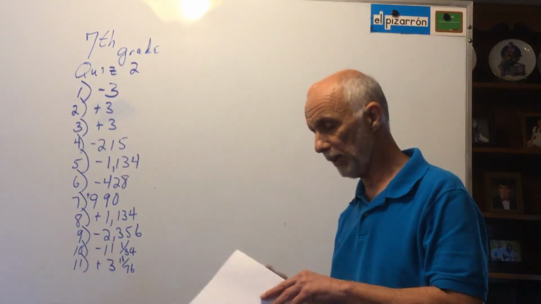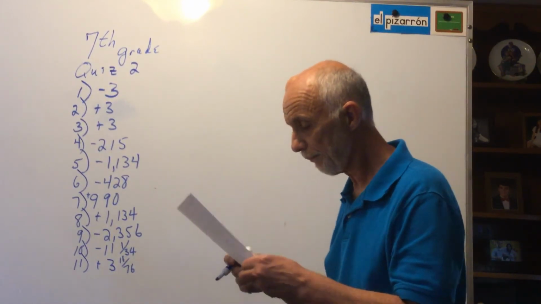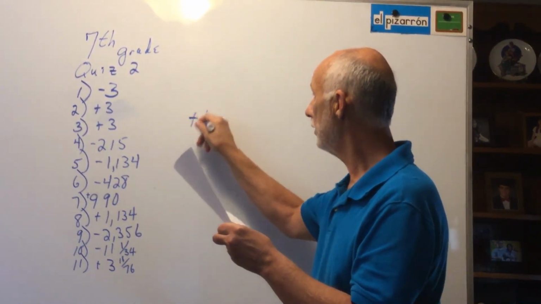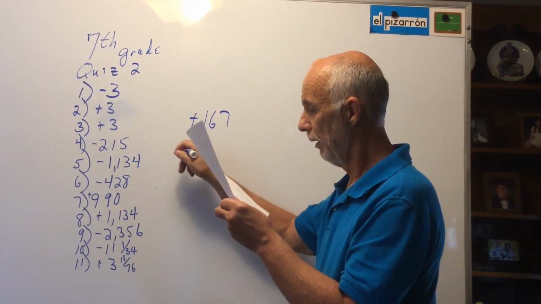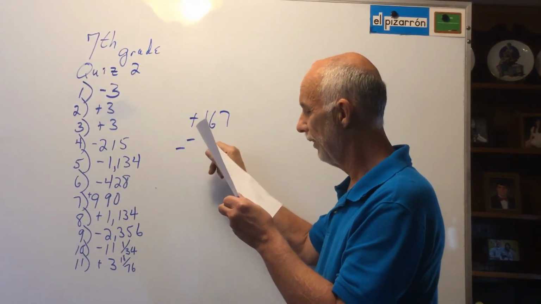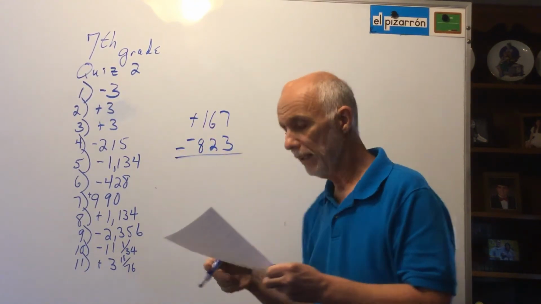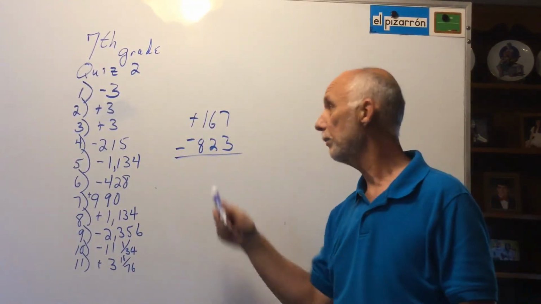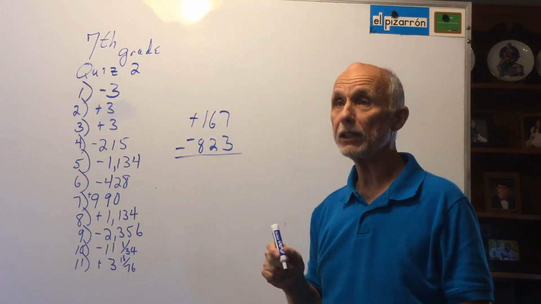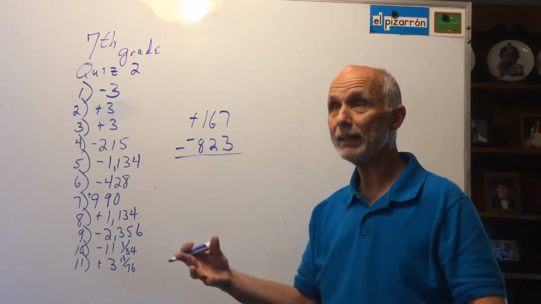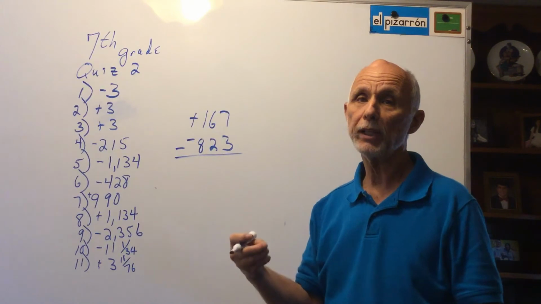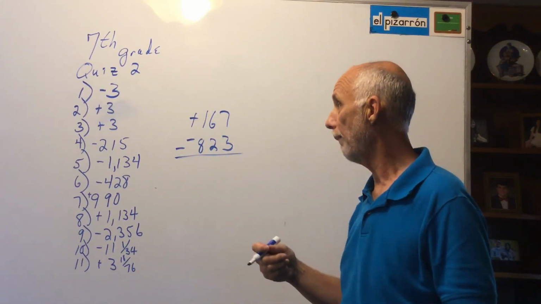The next problem said, excuse me, a positive 167 minus a negative 823. And again, the first thing I always do in subtraction is make it addition. And you don't just make it addition, you make it addition by changing the number you subtract by to its opposite.